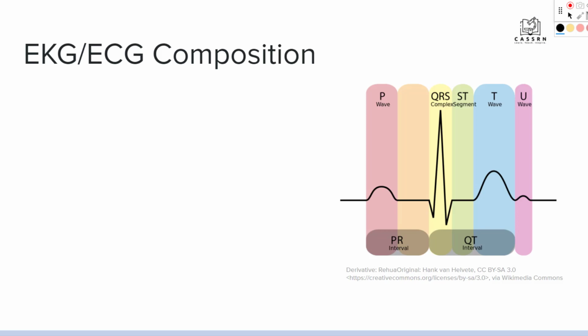So here's a quick review, and we're just going to go over this really fast. If you're unsure, please make sure to review my EKG basics video that explains this in much more detail.